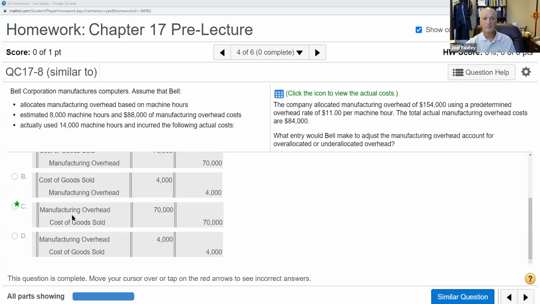So there's my debit to manufacturing overhead, to zero that out, and it always goes to cost of goods sold. If I'd had a $70,000 debit balance, meaning my actuals were more than my allocation, then this entry would be the opposite. I would debit cost of goods sold and credit manufacturing overhead.